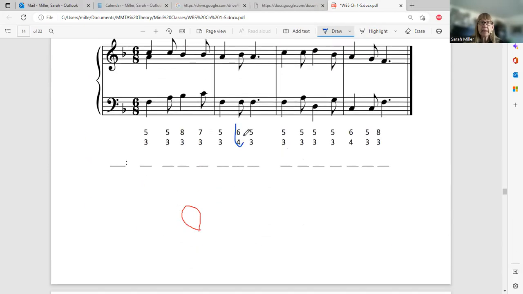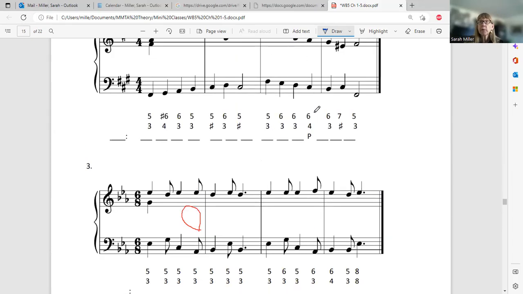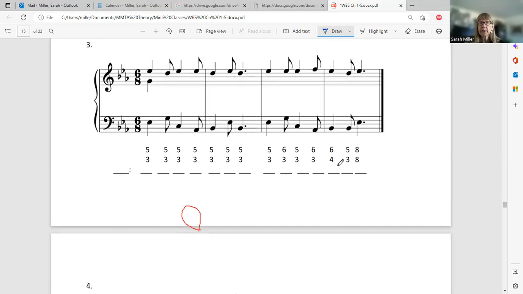This one has yet another passing, neighbor 6/4, sorry. This one has a cadential 6/4. This one, it already says passing, doesn't it? Here, we also have a passing 6/4. And that's all of our 6/4s in that example.